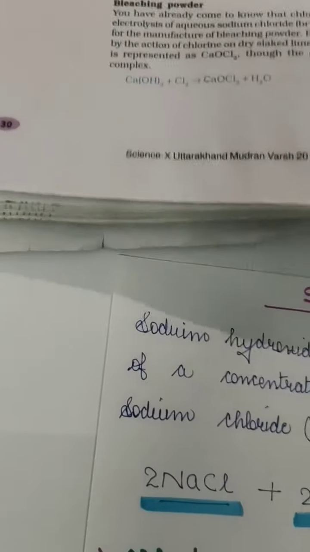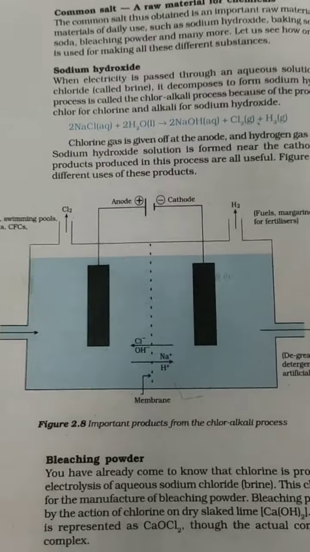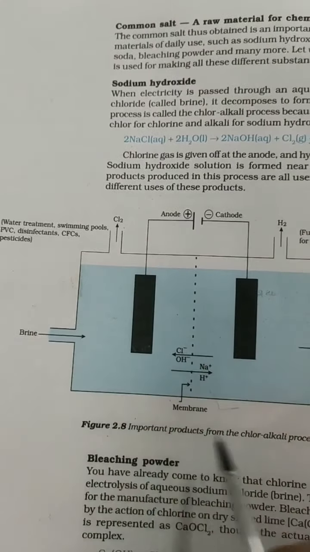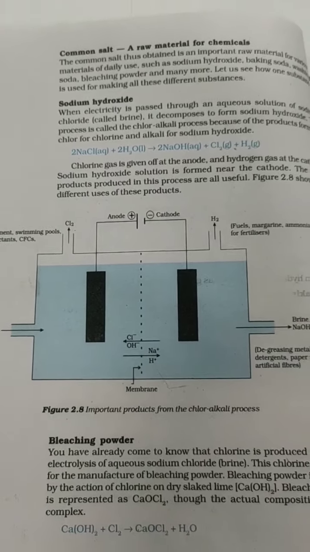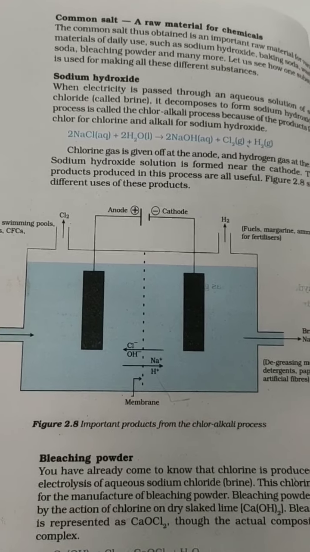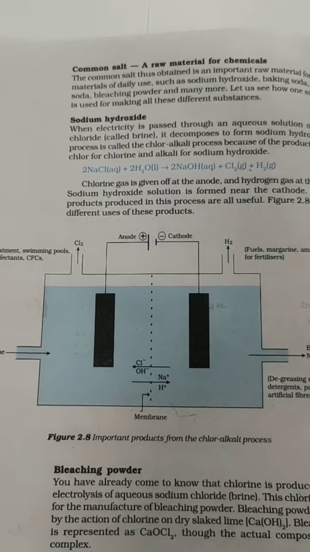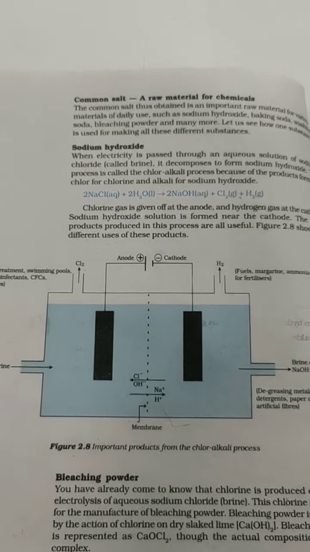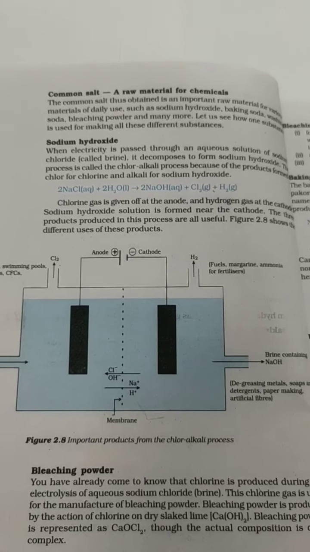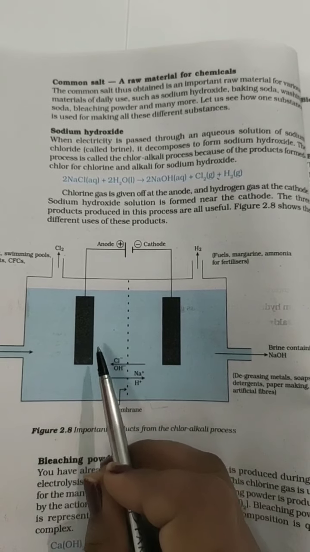In this, what we'll do is take a container. Here in your book a diagram is given. Actually it's not just a container, the process is called electrolysis. In this we will have some water and we will make it an electrolyte, a conducting solution, and then we will have two strips called anode and cathode.